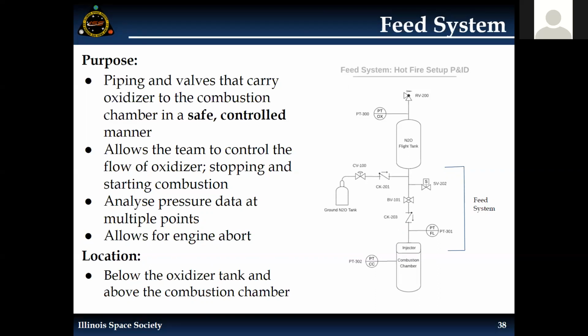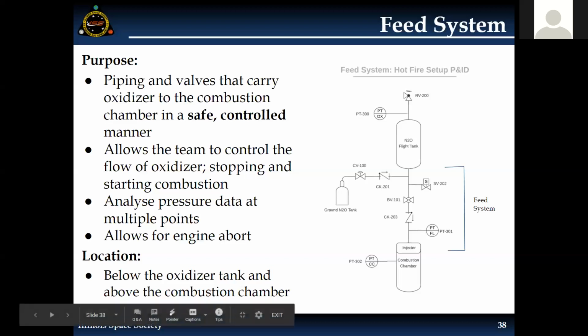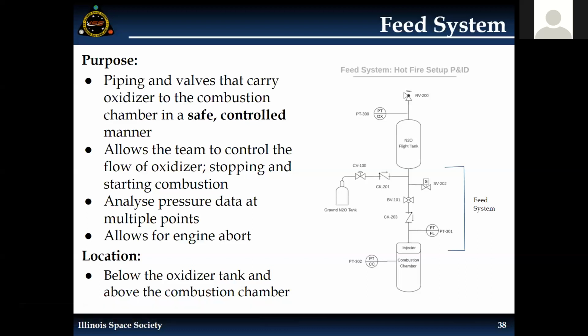So the biggest and most important thing we have to consider when doing any design work is taking care of those safety concerns and making sure you're aware of everything going on. When we say controlled, we mean that we need to be able to physically stop and start the flow of the oxidizer to begin the combustion process.